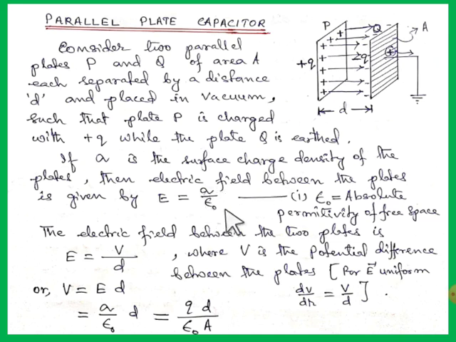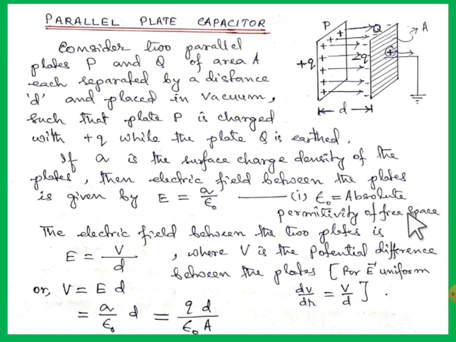The total net field E is E plus plus E minus, which is sigma by twice epsilon naught plus sigma by twice epsilon naught, giving sigma by epsilon naught, where epsilon naught is the permittivity of free space or vacuum.